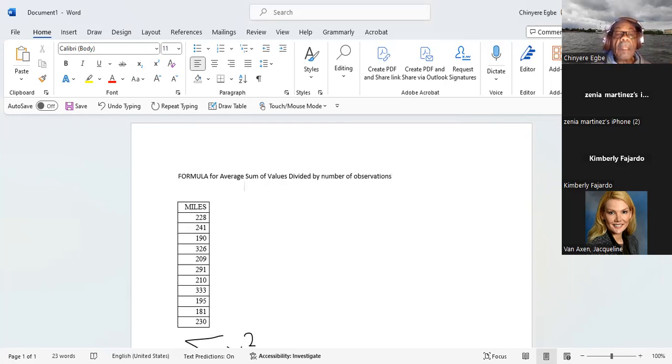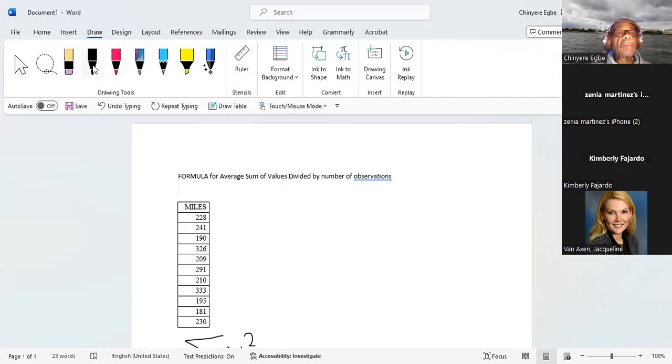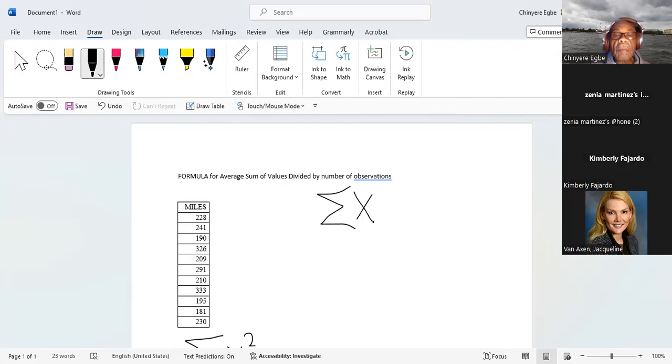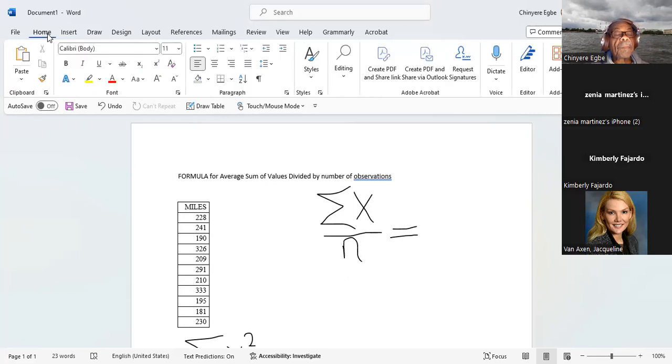And so the sum of the values would be the summation of x divided by n. So in that case, what do we have? I'm going to use Excel to find the sum. And so I'm going to go back here.